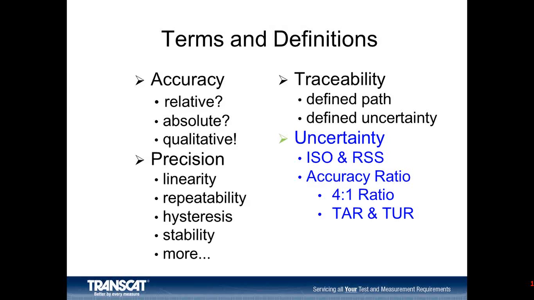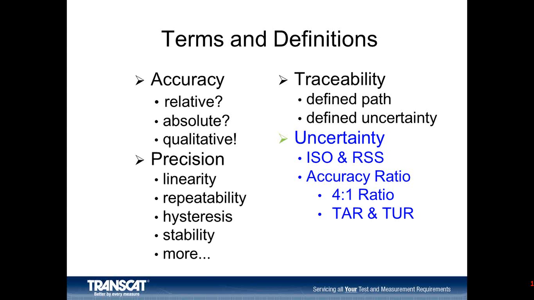Moving on to the uncertainty, the first item under uncertainty is ISO and RSS. In this discussion, ISO generally refers to a method. It's referring to an ISO document called the Guide to the Expression of Uncertainty in Measurement.